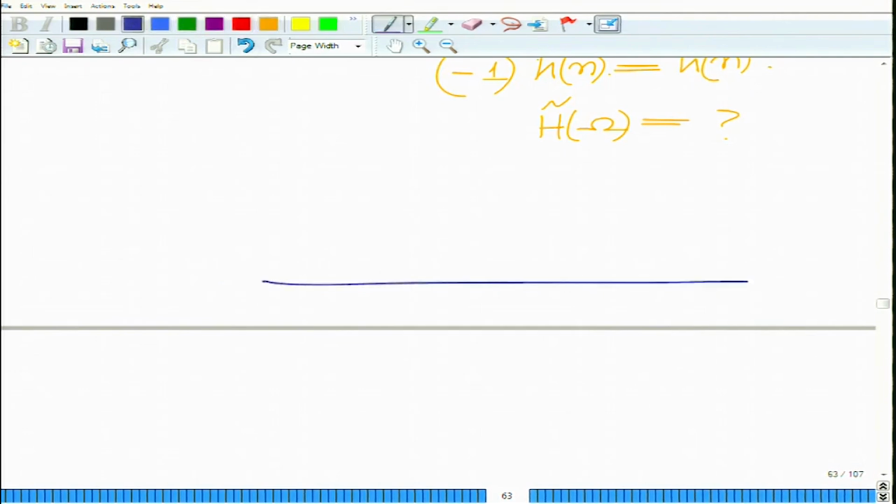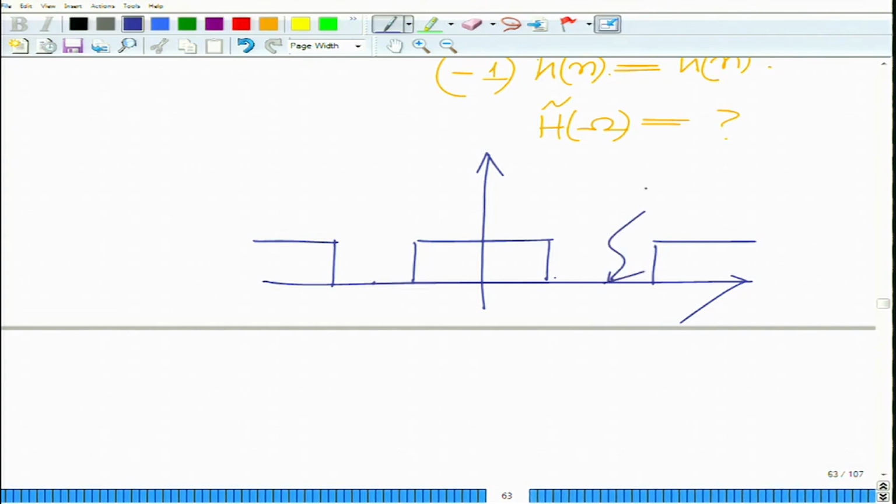And in fact, since h[n] is an ideal low pass filter, if you look at H of omega, that will look something like this, and remember it is all periodic with respect to 2 pi. So, it is not necessarily according to scale.